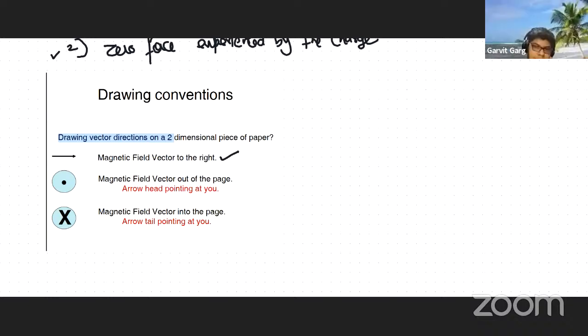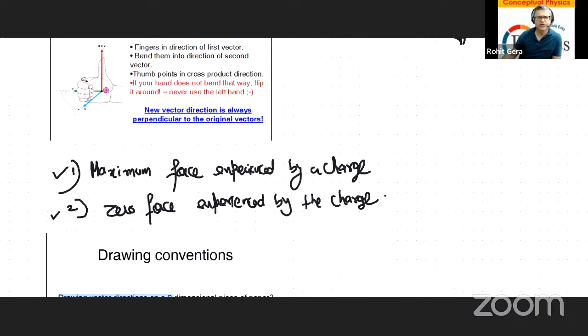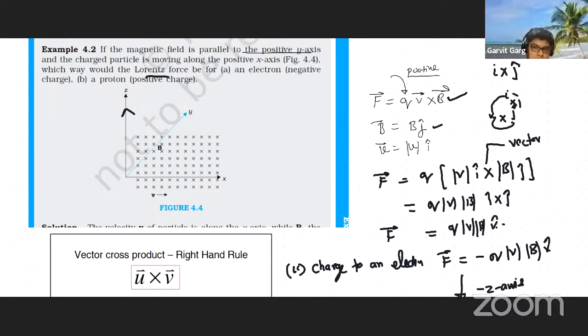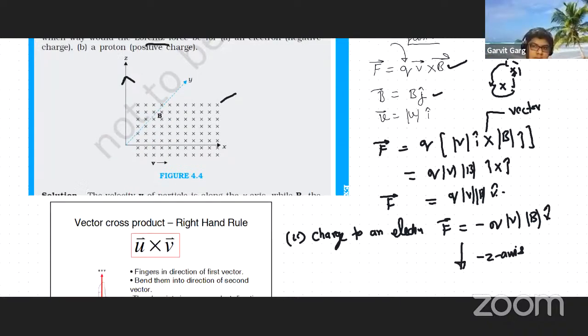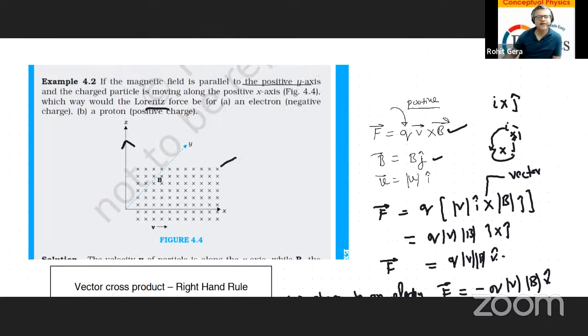If you see a cross, the vector is moving away from you, inside the page. For example, in this question, you see cross. A cross will represent the vector going inside the page. Hence, the magnetic field is parallel to positive y-axis, and the charged particle is moving along.